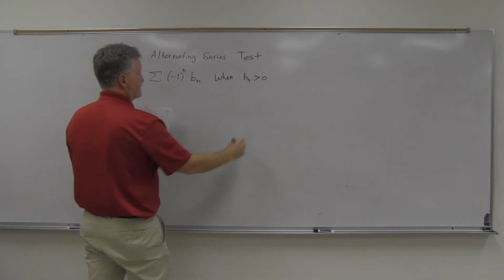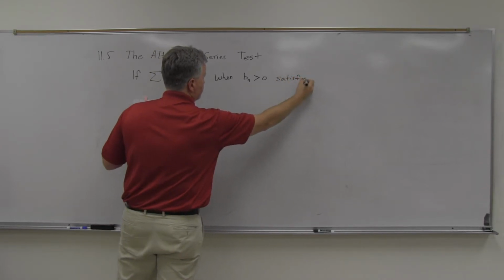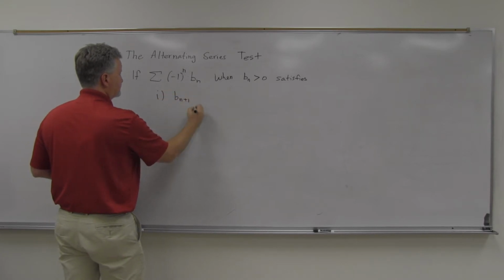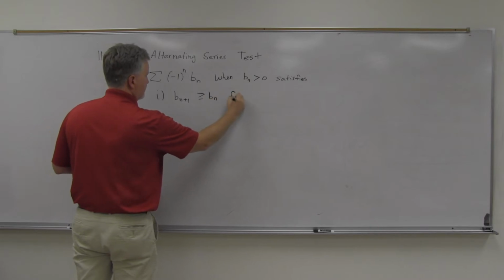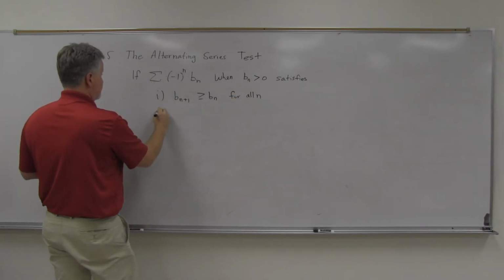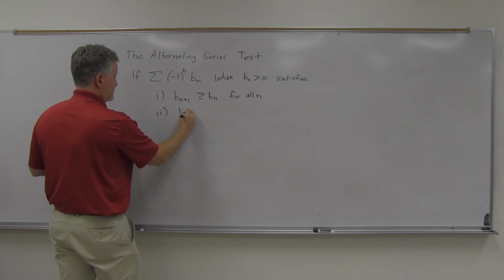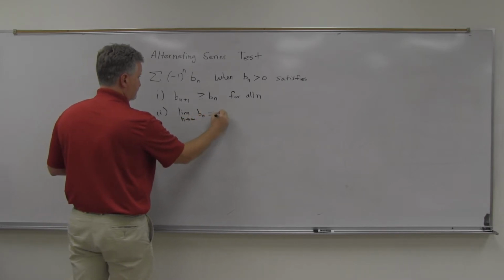So if that satisfies two things, part 1, b sub n plus 1 is less than or equal to b sub n for all n, and 2, the limit of the b sub n's as n goes to infinity is 0.